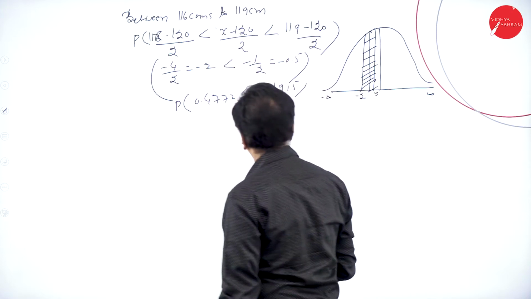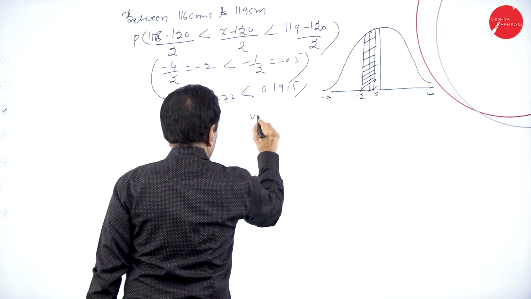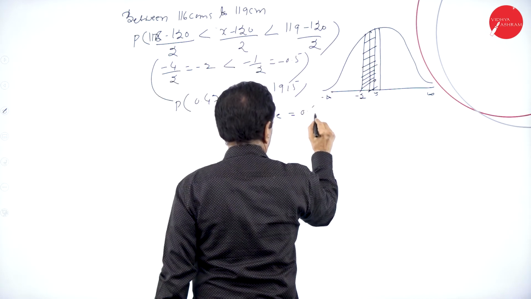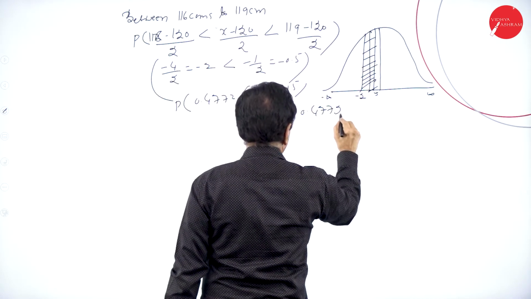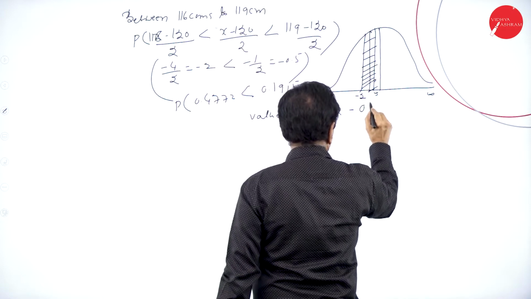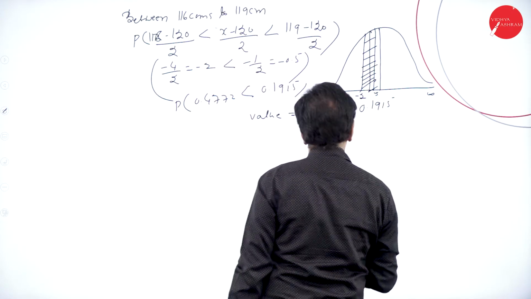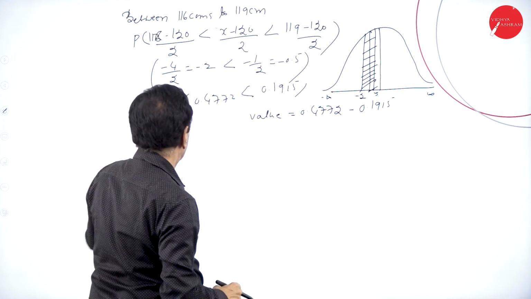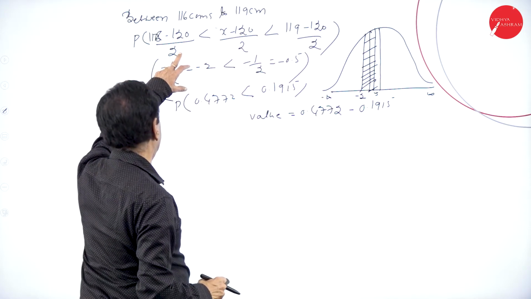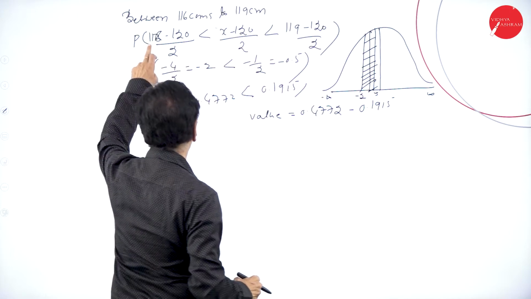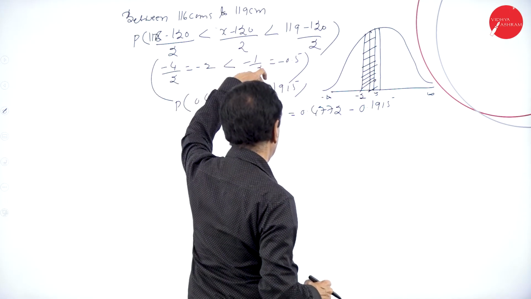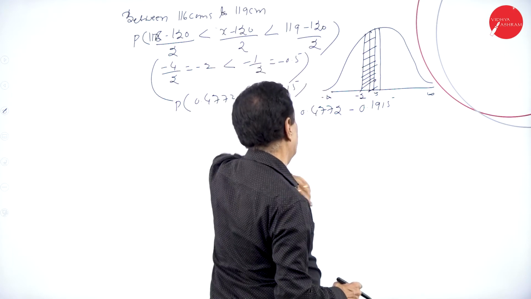From the highest value, deduct the lowest value. Therefore, the value is 0.4772 minus 0.1915. So 116 minus 120 is minus 4, divided by 2 is minus 2, which gives 0.4772, and the other is 0.1915.